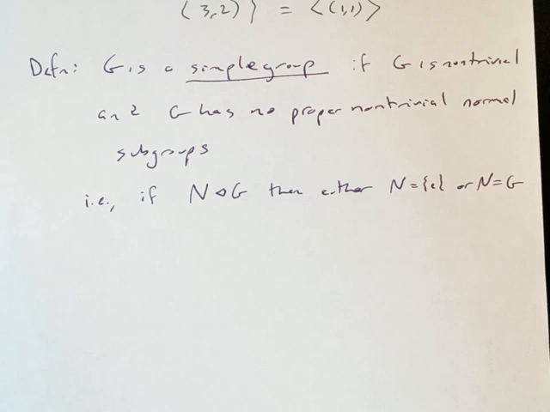A number was prime if it had no factors other than itself and 1.